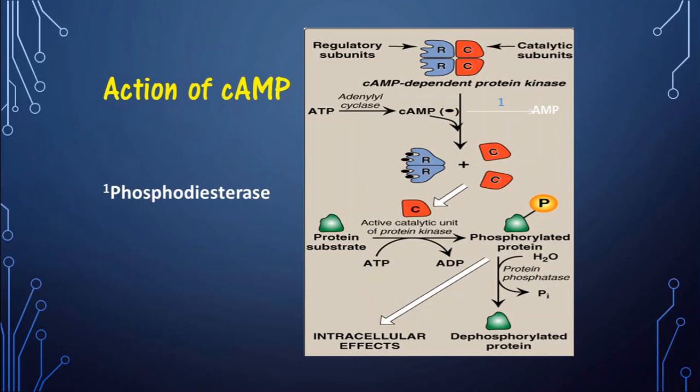Phosphodiesterase is the enzyme which converts or inactivates the cyclic AMP to 5'-AMP, so that the stimulation does not happen continuously. It's a form of regulation of cyclic AMP action.